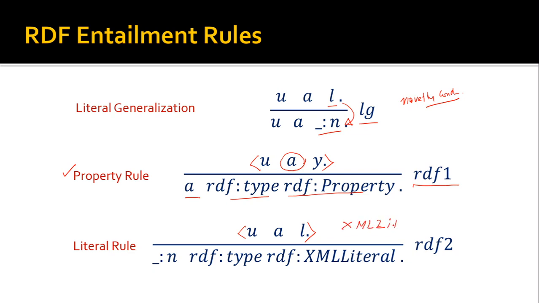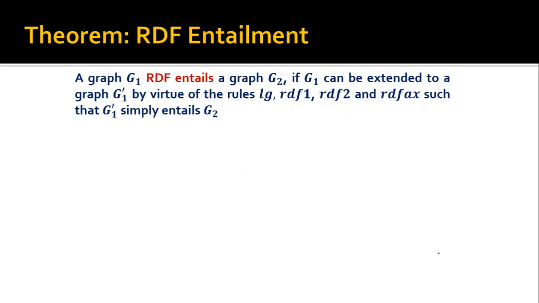So what are the XML literal classes? Like, say, integer, string, and so on and so forth, right? So if you have something like this, you can say that there is something that has got type RDF XML literal, and that is called RDF rule 2, right?